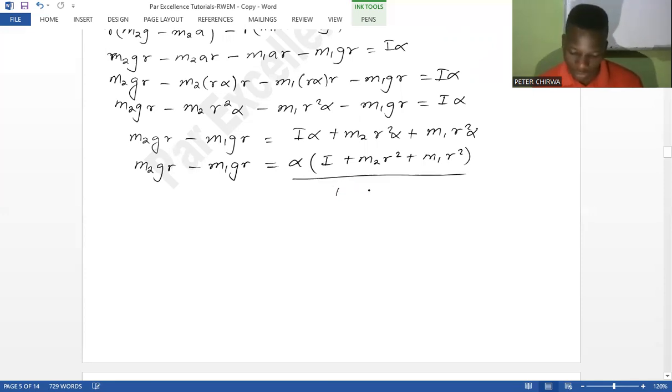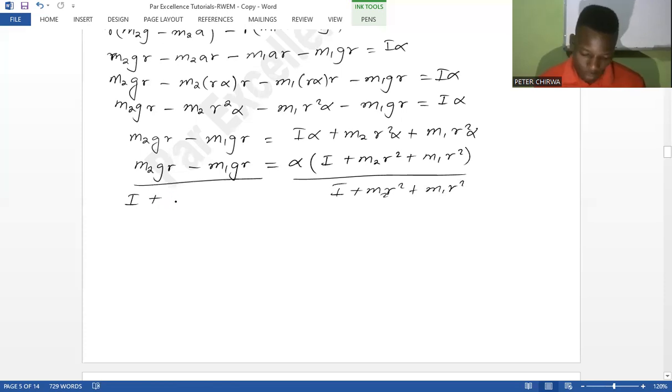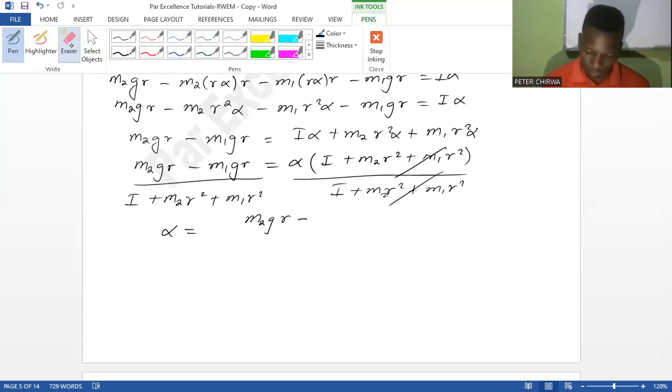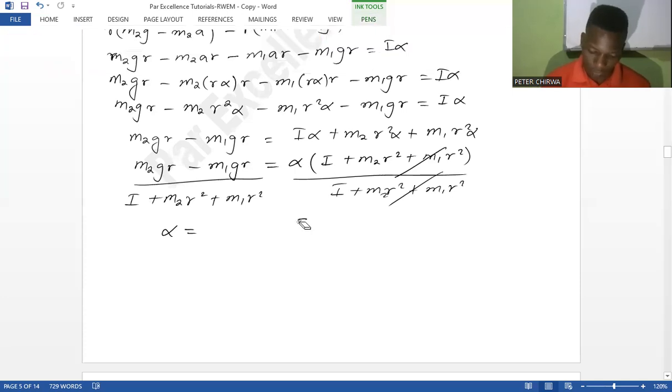So we divide both sides by that. Okay, so our alpha is basically going to be m2gr minus m1gr. Here, r and g are common, so I'm going to factor them out.